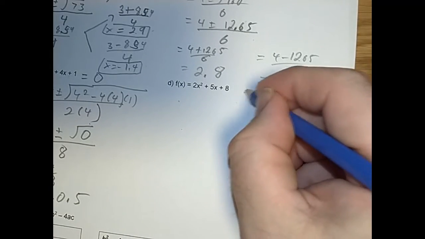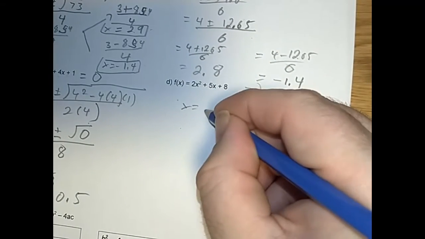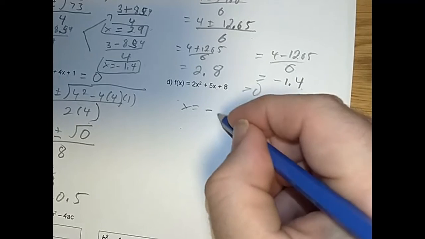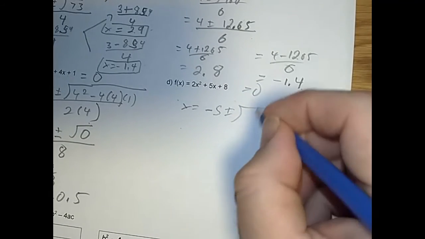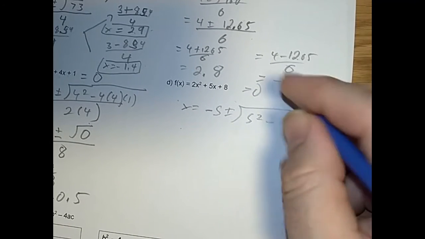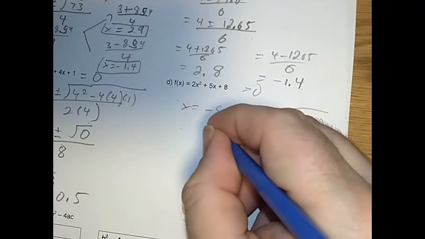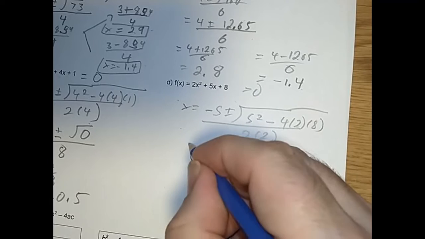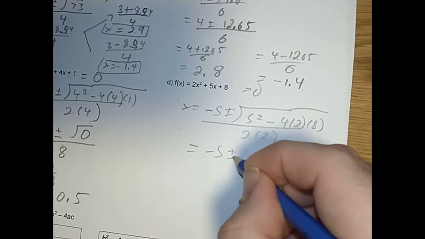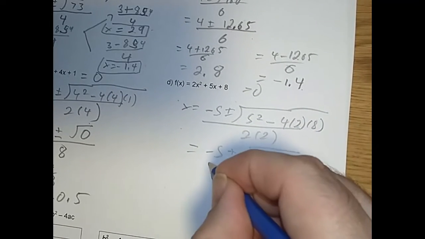So this equals 0. So you get x equals negative b, so negative 5, plus minus the square root of b squared, so 5 squared minus 4 times 2 times 8, all over 2 times 2. And then you get negative 5 plus minus, let's see what we get in here, over 4.